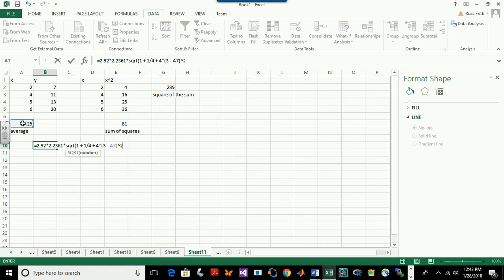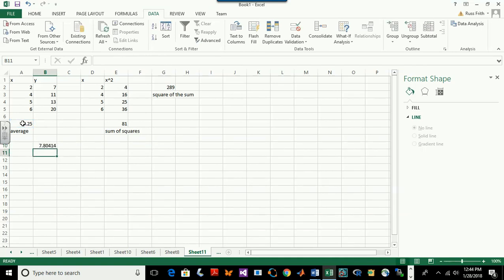We need to square that. Then we divide this by 4 times the sum of the squares, which is 81, minus the square of the sum, which is 289. So we do that, and that should give us our margin of error, which is 7.8. Okay, so that's our margin of error.